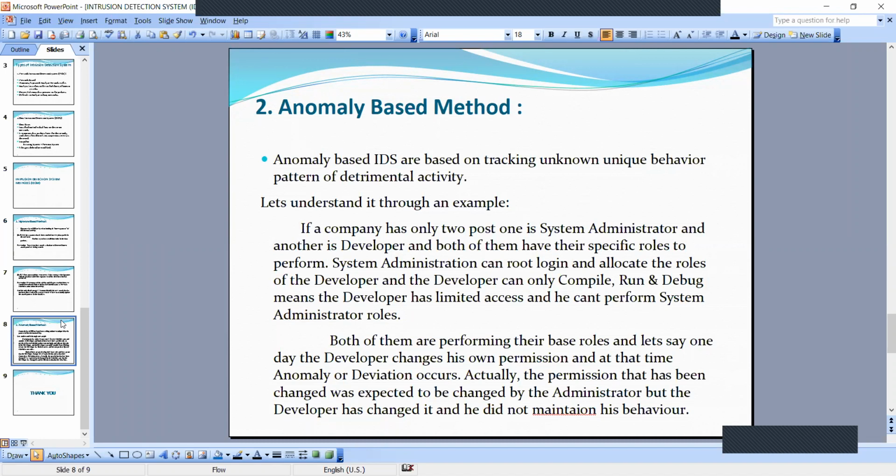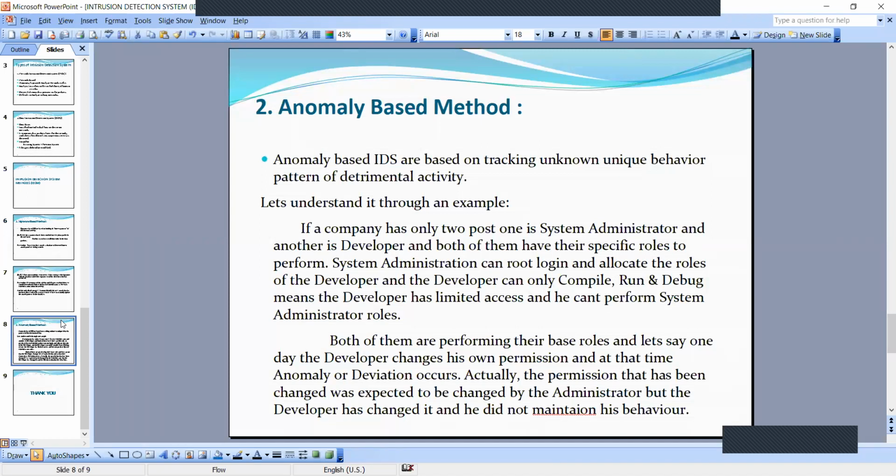But one day, the developer tries to change his permissions or roles. At that time, an anomaly is detected. An anomaly is basically a deviation that occurs when a person wants to change the permissions or rules that were specified by the system administrator.